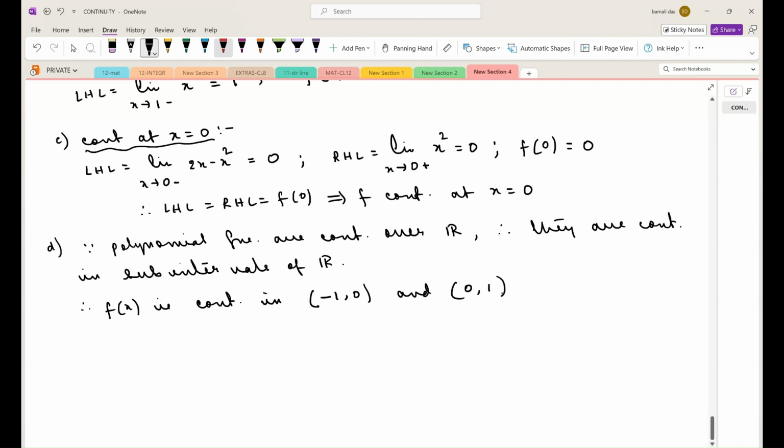We take open intervals because we have separately shown the points minus 1, 0, and 1. So that covers all possible values of x in the closed interval minus 1 to 1.